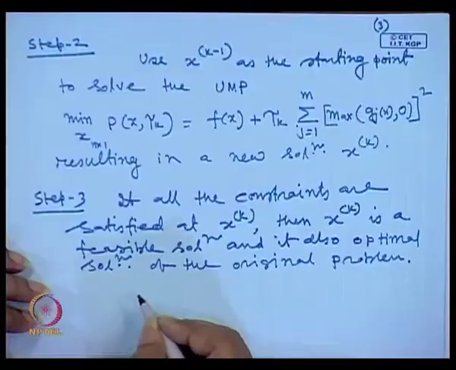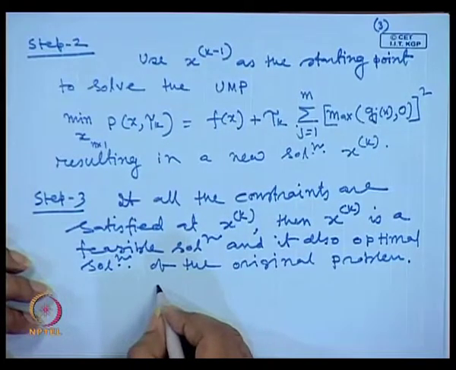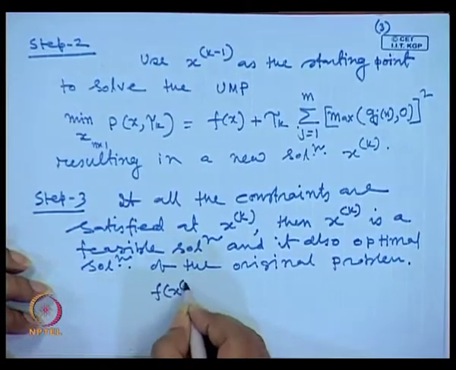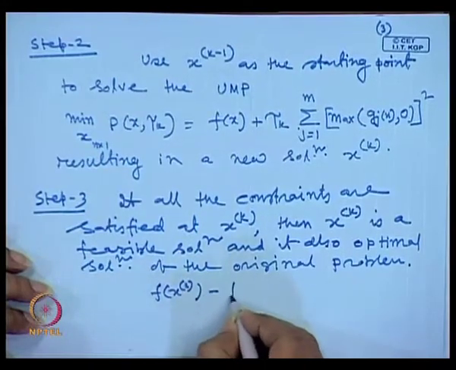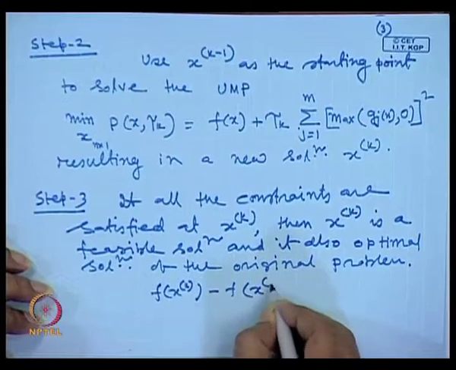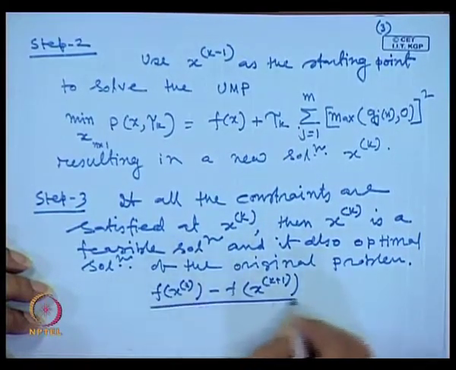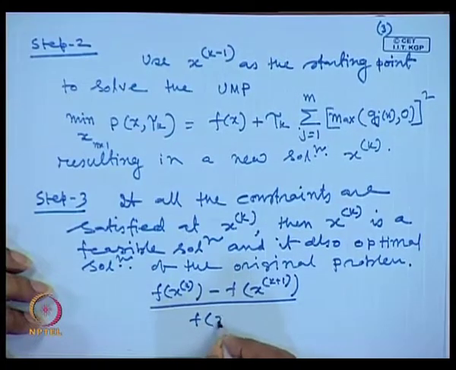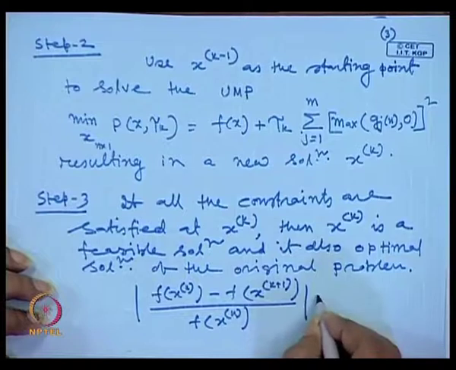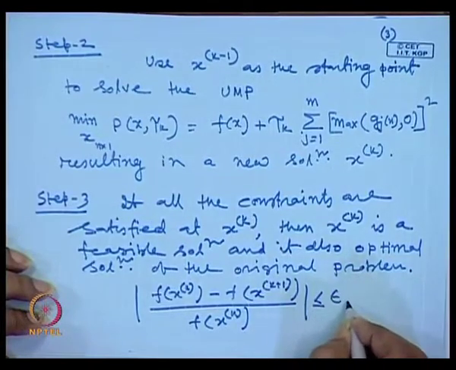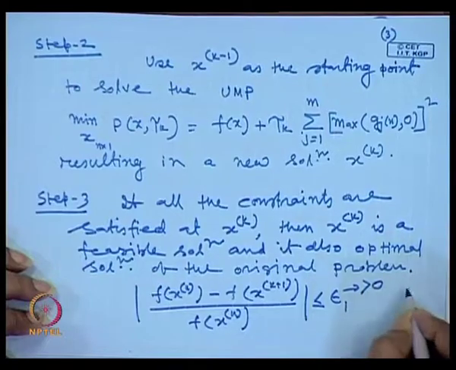Whether we have reached it or not, one can check using the function value f of x k. The stopping criterion is that the modulus of the difference in f of x k should be less than or equal to epsilon, a very small positive quantity.